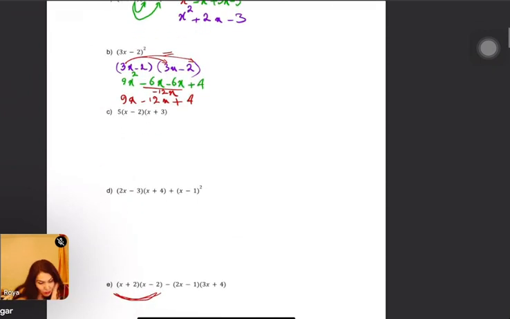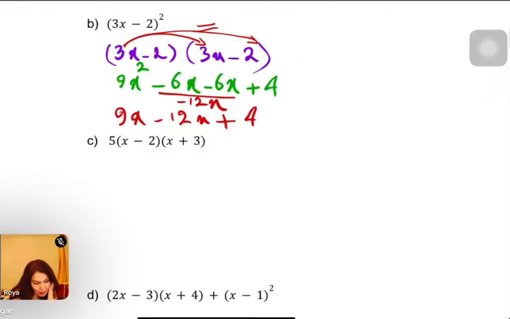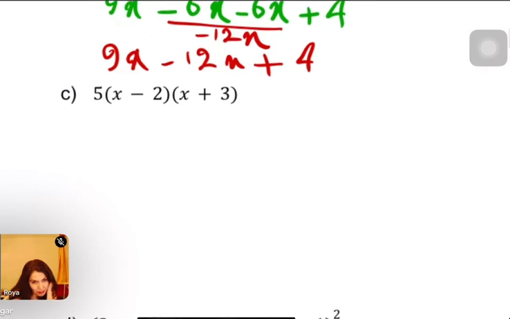Let's do number C, example 3C. Let's get rid of the brackets first, or calculate two brackets and step by step get rid of the brackets.